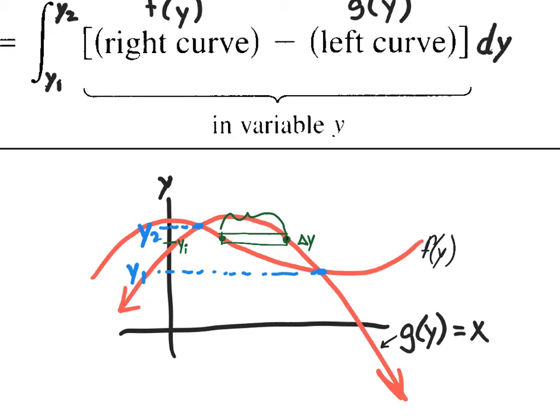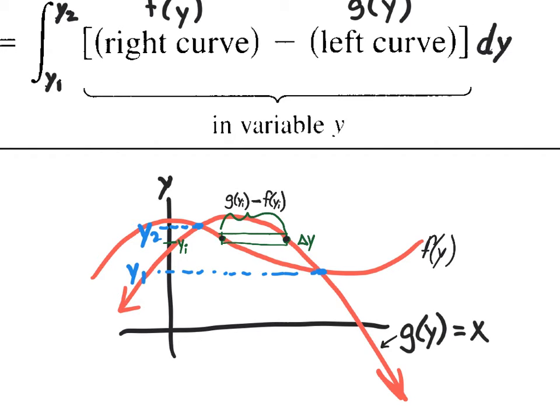So this point right here has an x coordinate of g of y sub i, and this point over here on the left is f of y sub i. And I would have to subtract those to get the width of that rectangle.